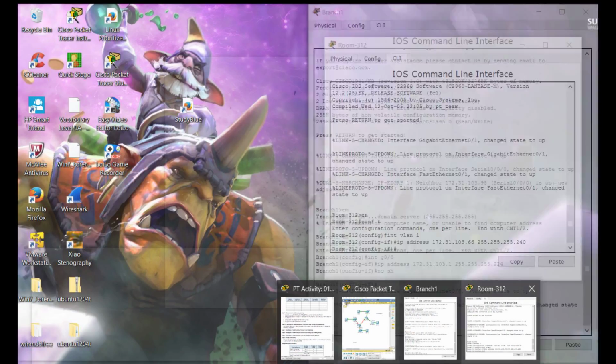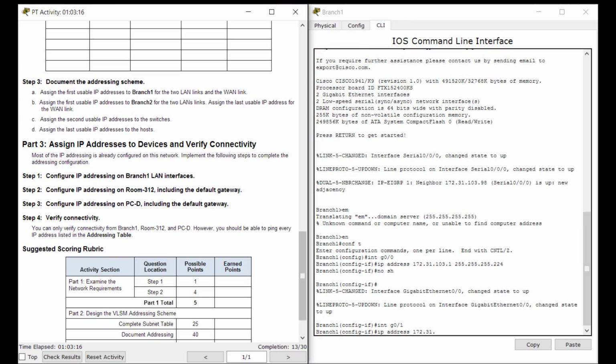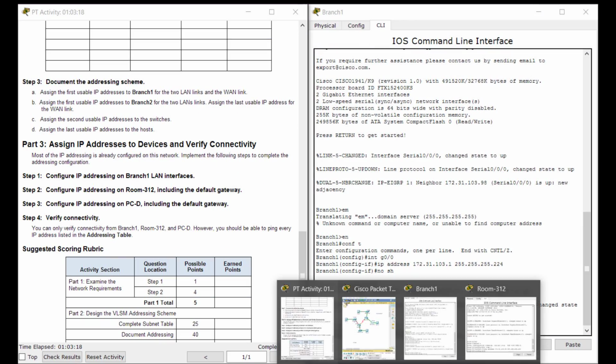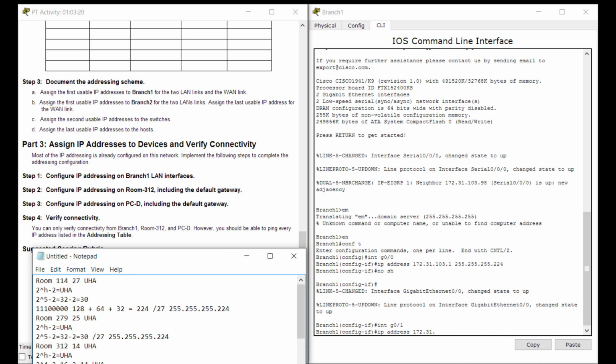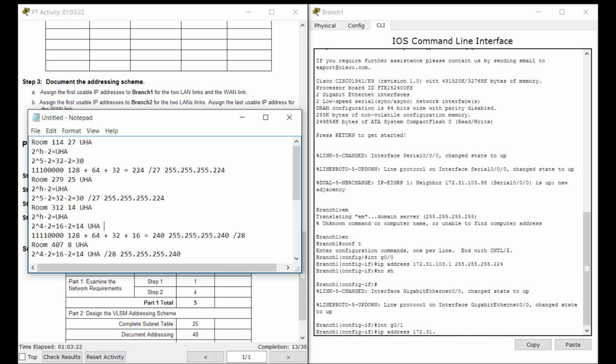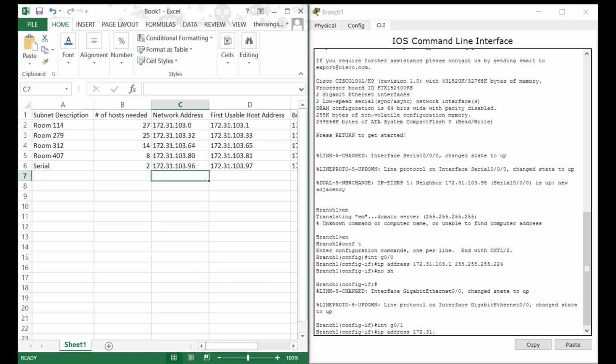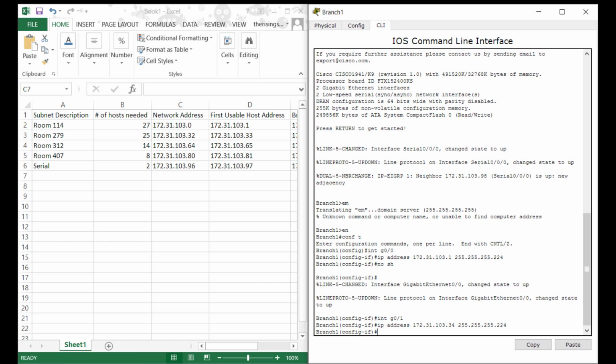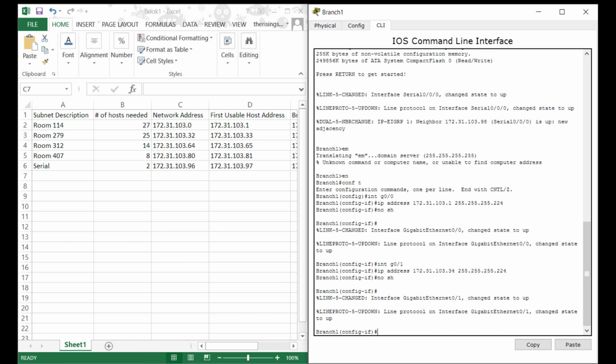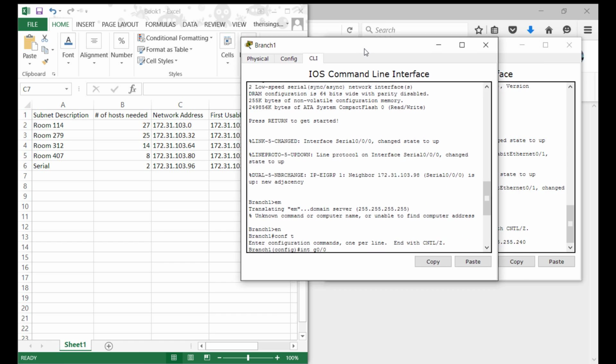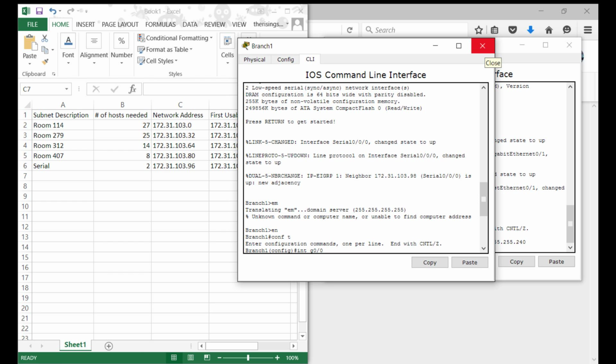Oops, wrong window. 103.34, 255.255.255.224. No shut. Okay, we're done with this one.